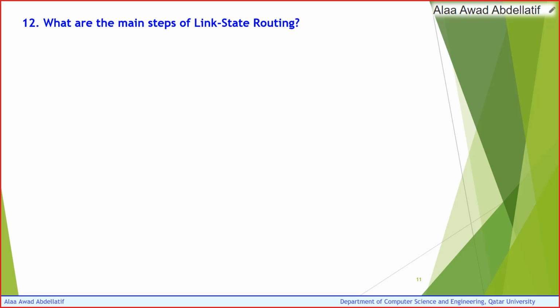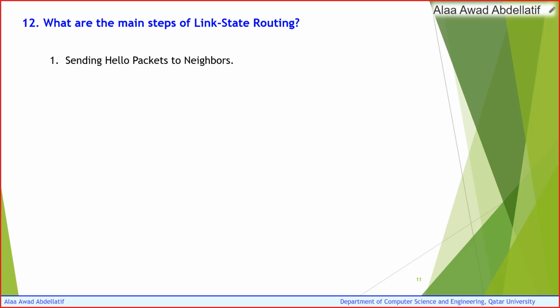What are the main steps of link state routing? Our last part was the link state routing protocol. The main steps: first, sending hello packets to neighbor nodes. The main purpose of hello packets is to discover neighbor nodes and to make sure that all neighbor nodes are still alive.